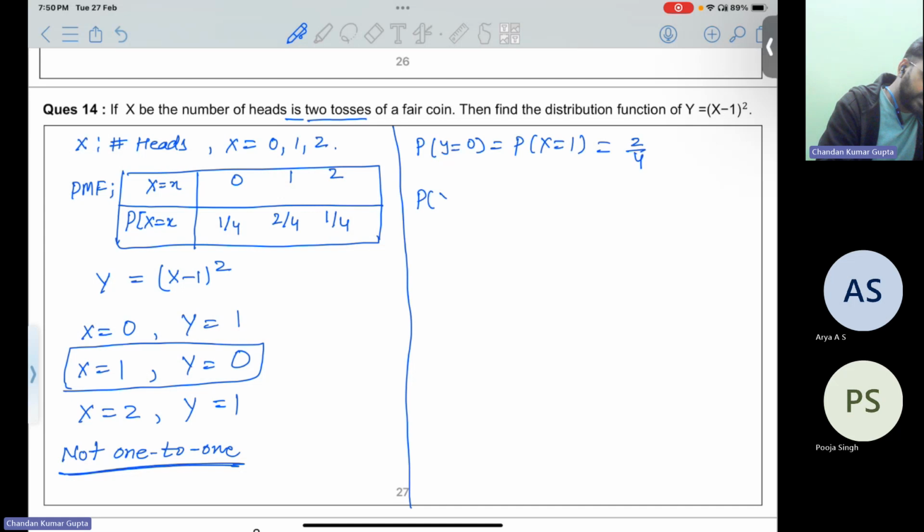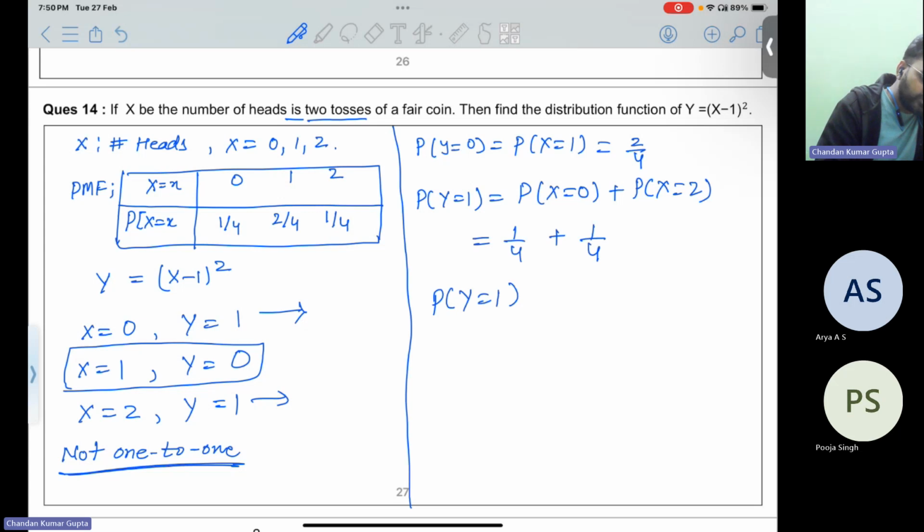Now probability that y equals 1: y equals 1 corresponds to x equals 0 and x equals 2. That means probability that x equals 0 plus probability that x equals 2, which is 1 by 4 plus 1 by 4. So probability that y equals 1 is 2 by 4, or 1 by 2 we may write.